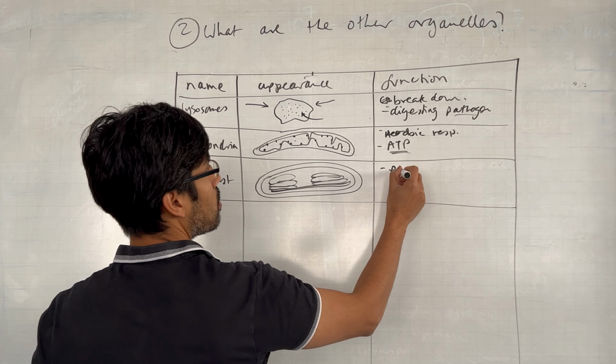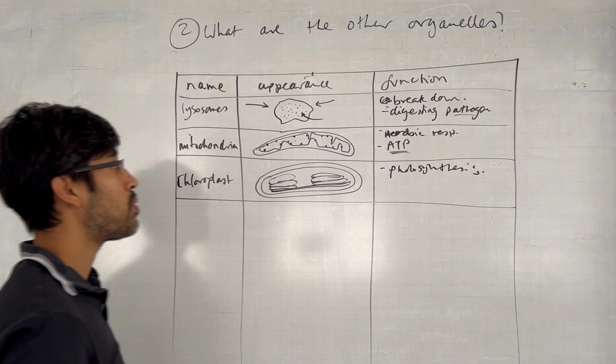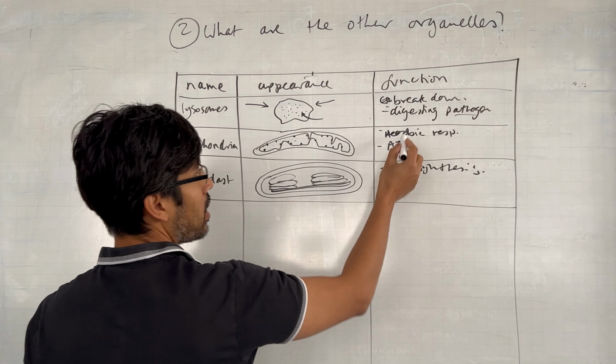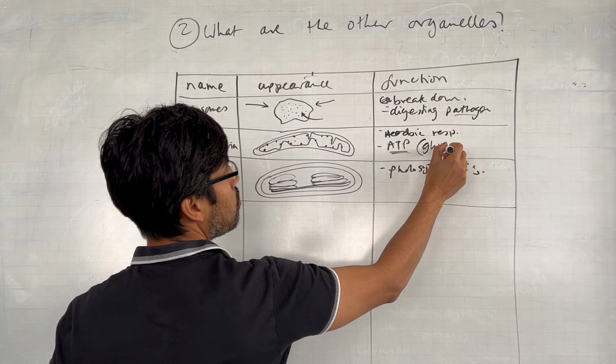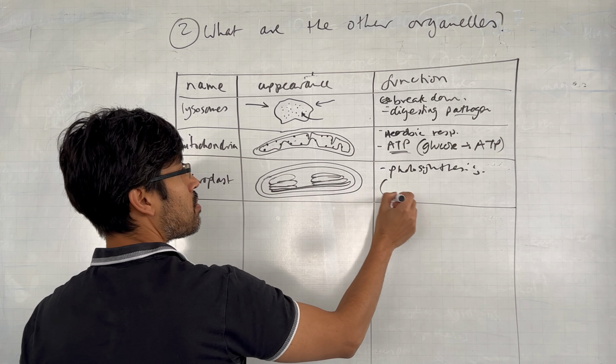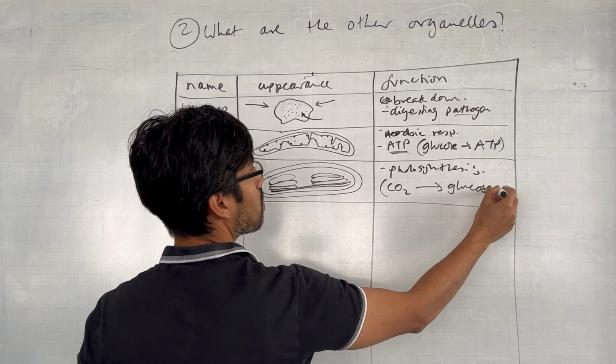Okay, so their main purpose is photosynthesis, right? And remember that while aerobic respiration, we're basically using glucose to make ATP, photosynthesis's purpose is to make glucose out of carbon dioxide.